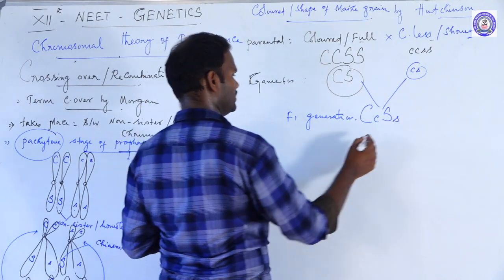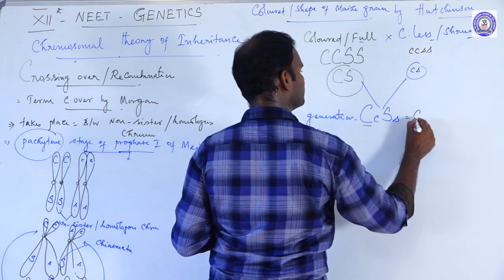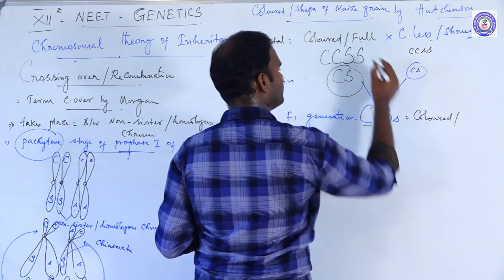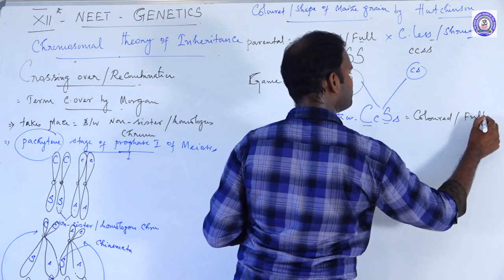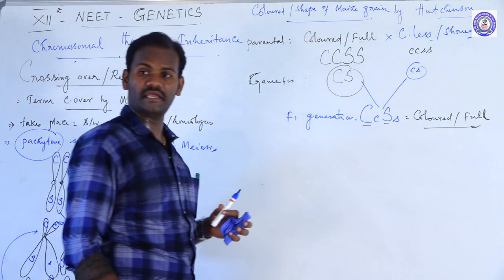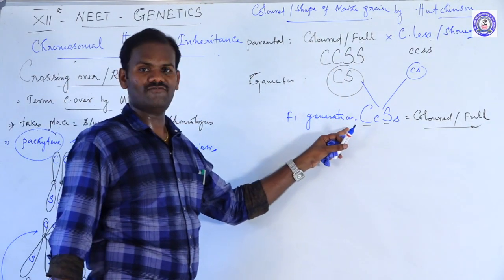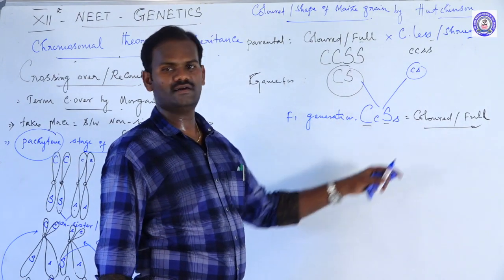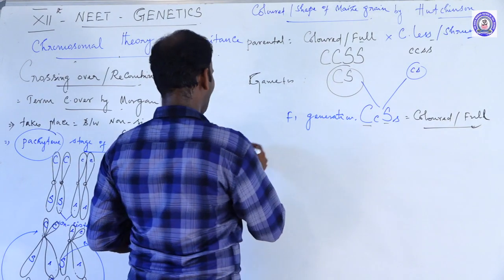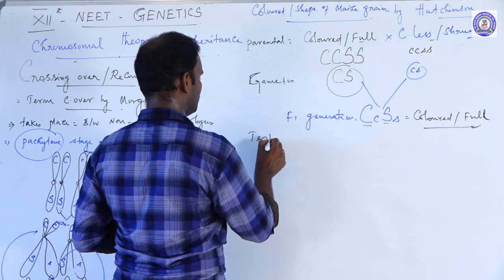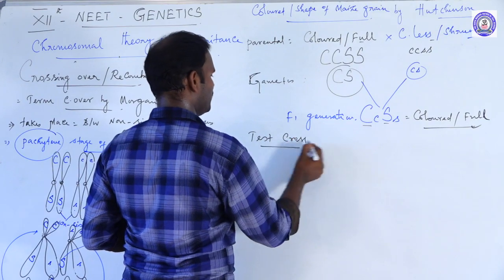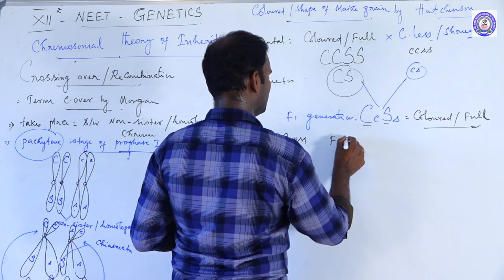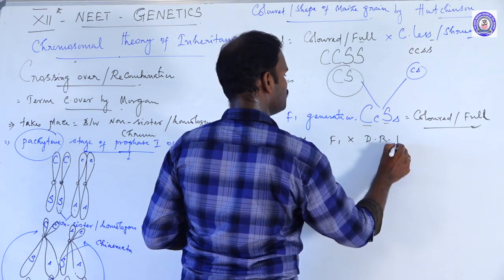According to the law of dominance, capital C, colored grain, capital S, full shape, so colored and full shape grain. This also proves the law of dominance. He observed all the F1 offspring are colored and full shape grains. Then he applied the next test, a dihybrid test cross. The F1 is crossed with a double recessive parent.